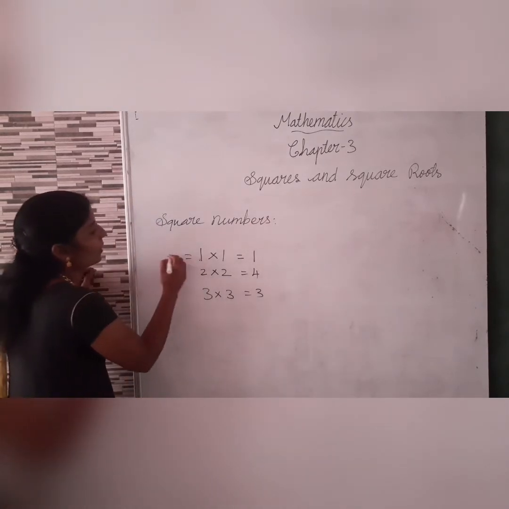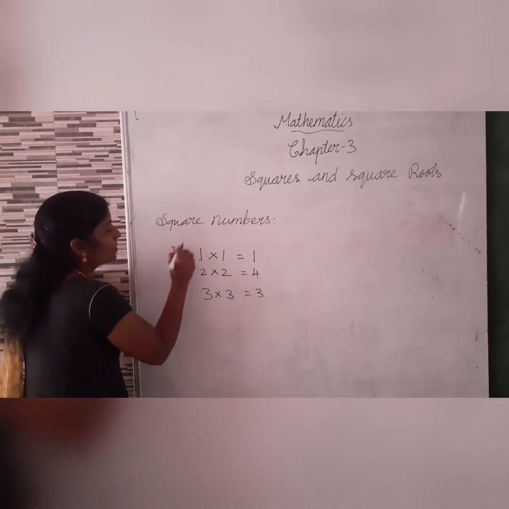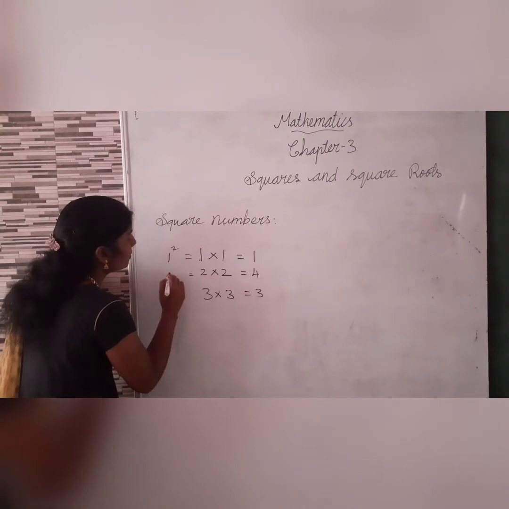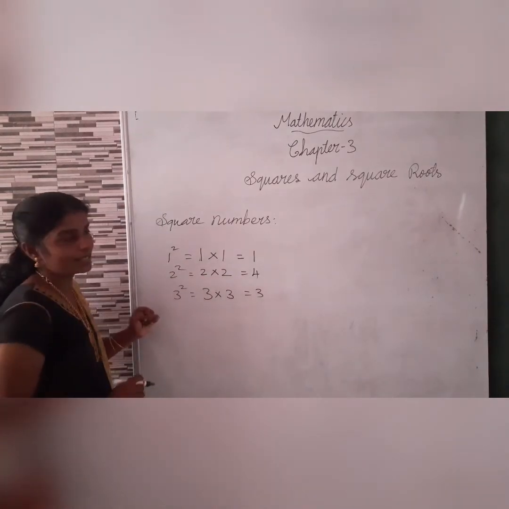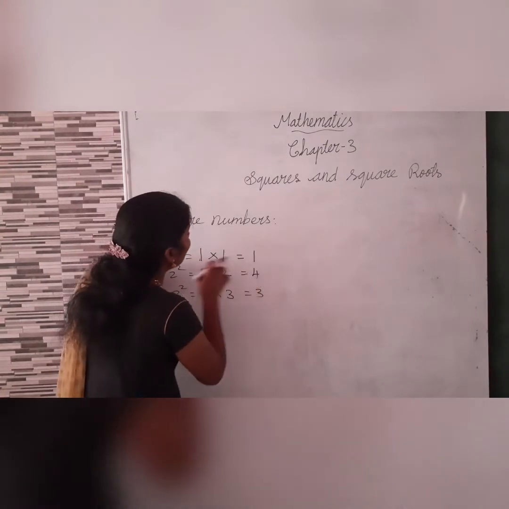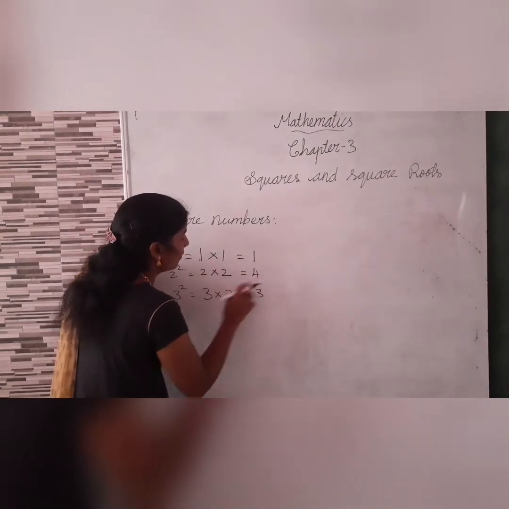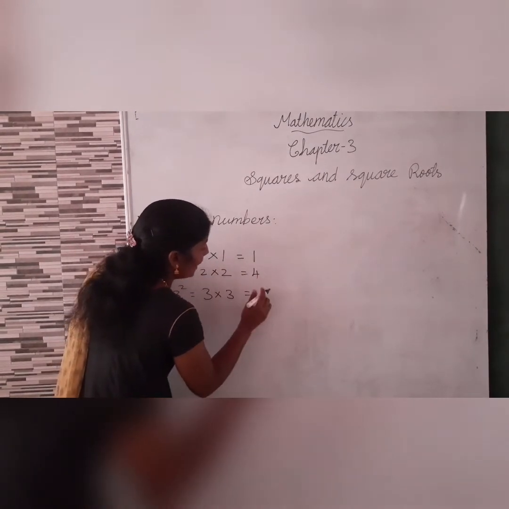Now here 1 into 1 is 1 square. 2 into 2, 2 square. 3 into 3, 3 square. So what are the square numbers? 1, 2 2s are 4, 3 3s are 9.